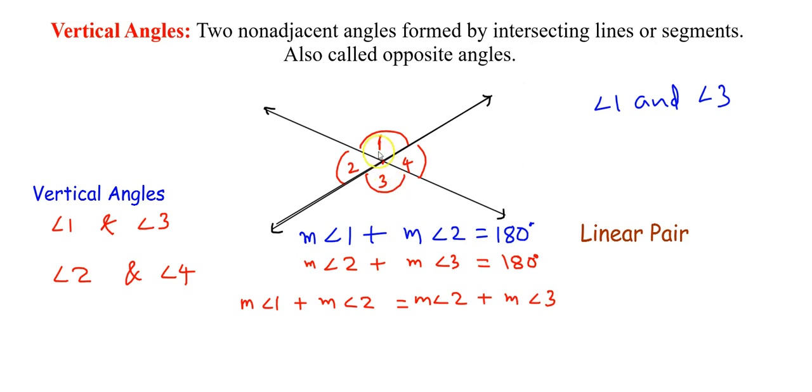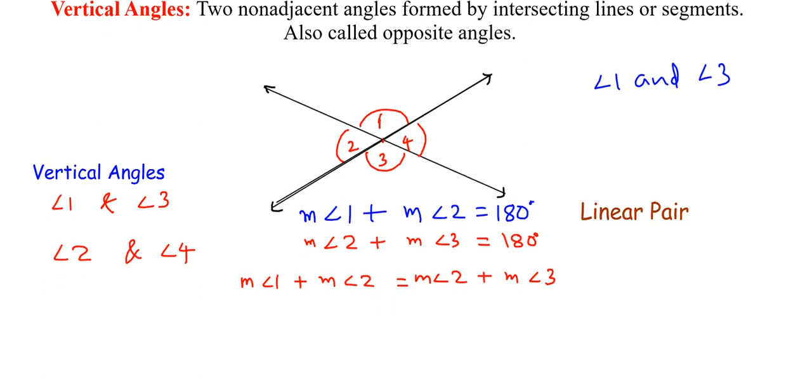Right? 1 plus 2 is 180. 2 plus 3 is also 180. Therefore, I am writing the measure of angle 1 plus measure of angle 2 is same as measure of angle 2 plus the measure of angle 3. So we have a new equation here, and in this we see that 2 is repeated. On the left hand side we have it, and I am seeing it on the right hand side also.